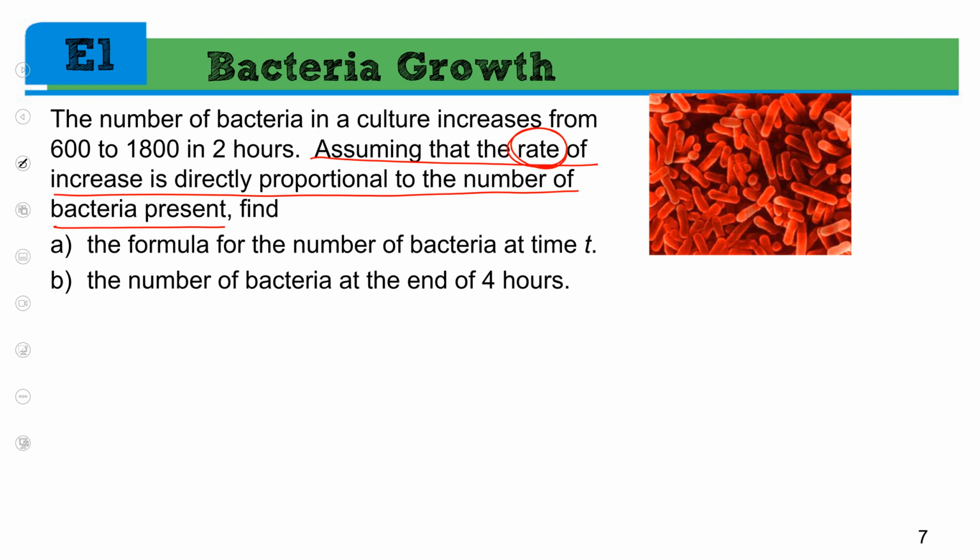Okay, so now we've got to get our terminology correct. What do we want to use to represent the number of bacteria? What letter? B. B is a good call. So the rate of increase of the bacteria, dB/dt, is directly proportional to the number of bacteria present.